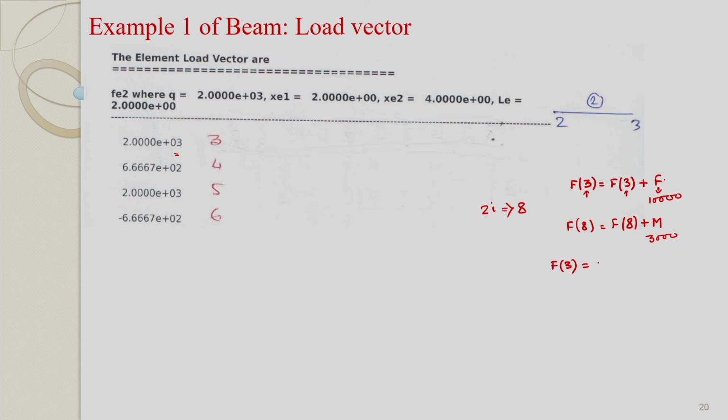So, 2000 plus 10,000, F3 will be 12,000, and there is no contribution from any other load in the 8th DOF. So, F8 will be 3000.